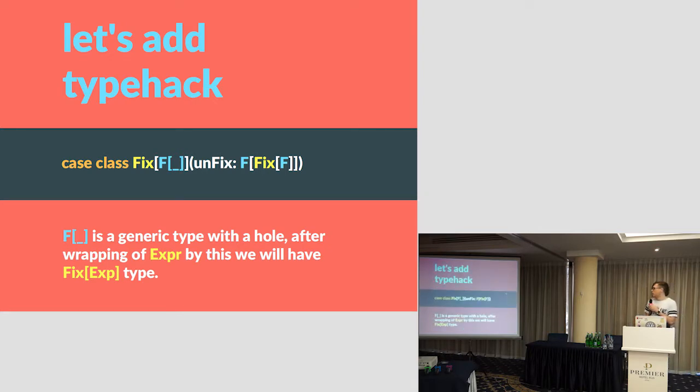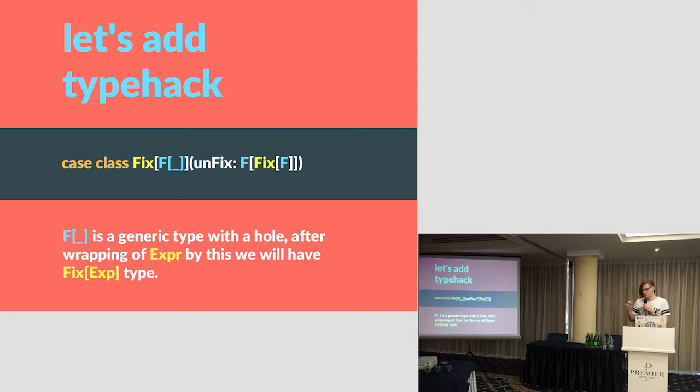So this one is the implementation of this hack, and I will try to describe to you how it works. Because the first time I looked at it in a presentation, I just had a feeling like, what the heck, how does it work? So we have some case class Fix, and it operates with a generic type with a hole. For our example, you can just understand that this generic type with a hole is our expression of T, and what we will put inside.